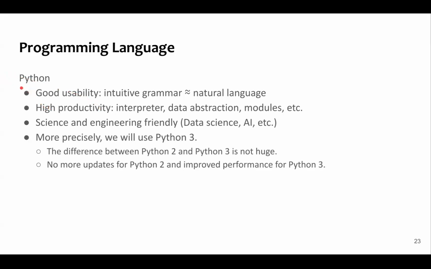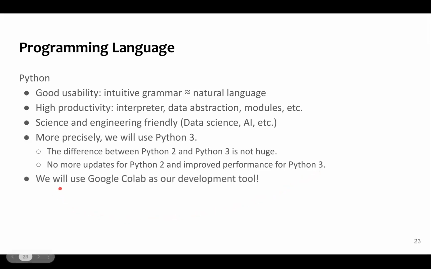I told you that Python has good usability, high productivity, and is science and engineering friendly. However, it's slightly slower than C++ or C. However, Python developers are trying their best to improve the performance. And nowadays, Python 3 is quite fast and it is very usable.